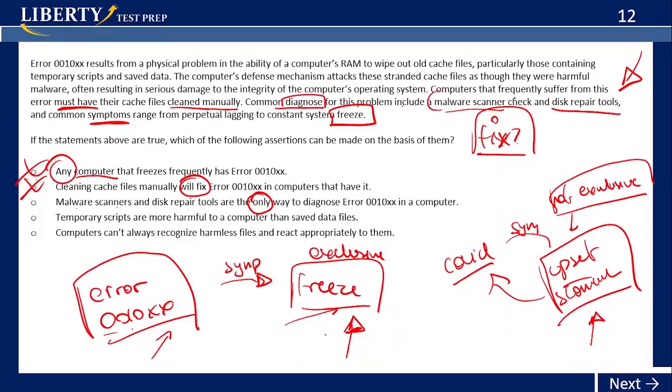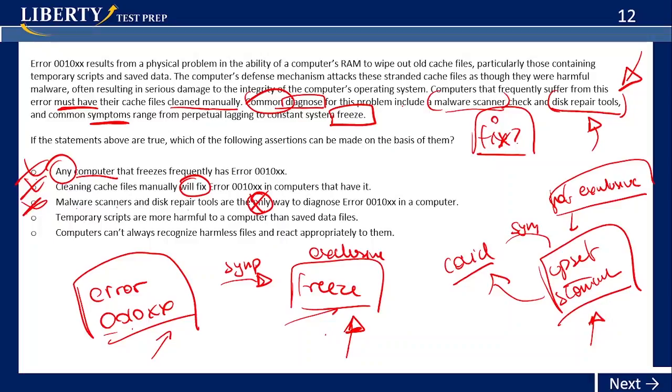So common things you use to diagnose the situation are these two. But does it mean that those are the only ones? No, those are the most common, not the only ones. So that's out. This "only" is wrong. Extreme word. They are placing an extreme word in a place where it shouldn't be. It's not justified because in the actual statements they didn't use an extreme word.